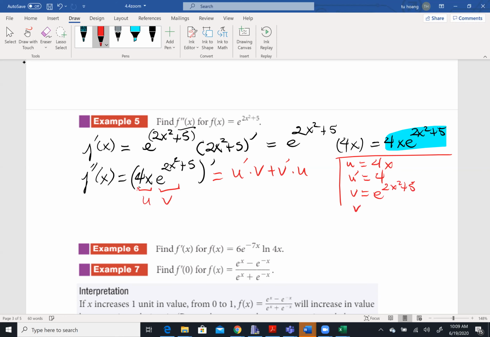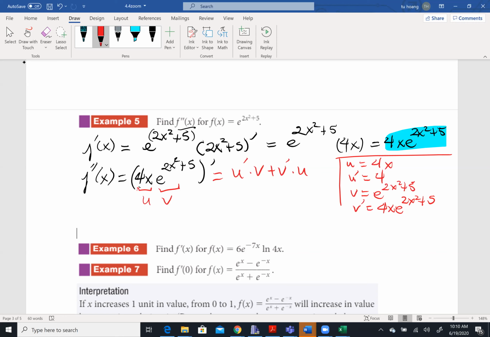So v prime will be the same as the first derivative of x, right? You're going to easily get it as 4x e to the 2x squared plus 5. Remember that v in here is exactly the original f(x).